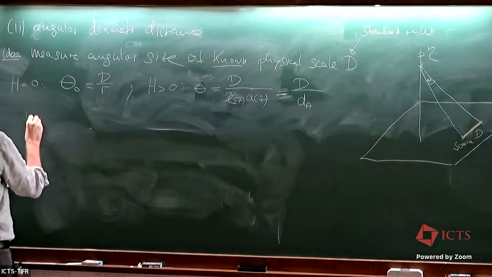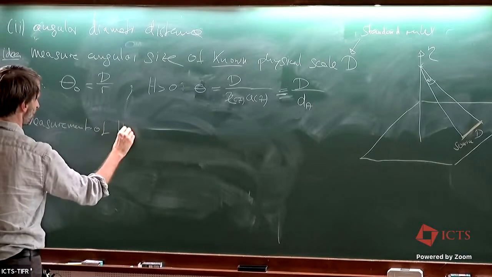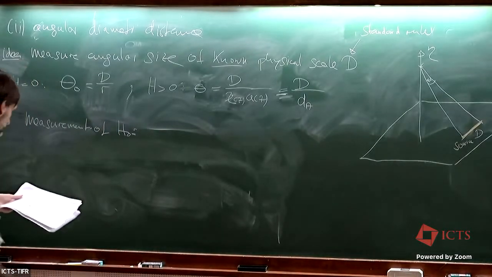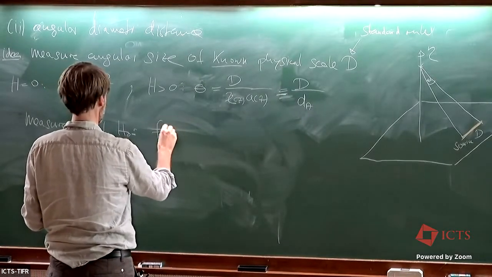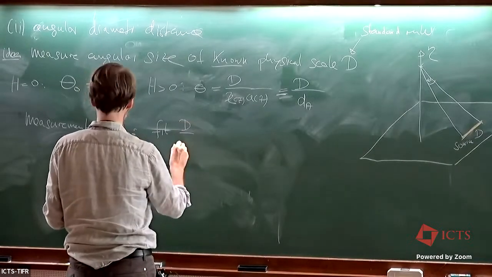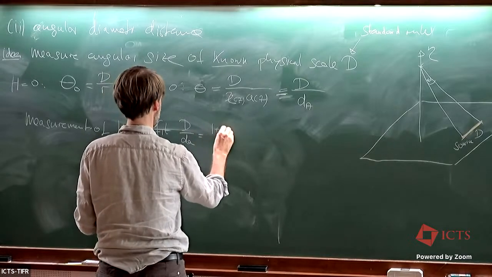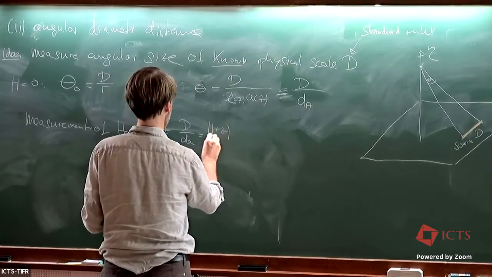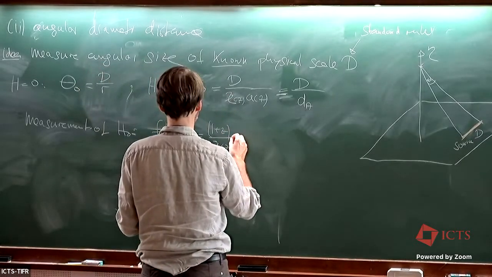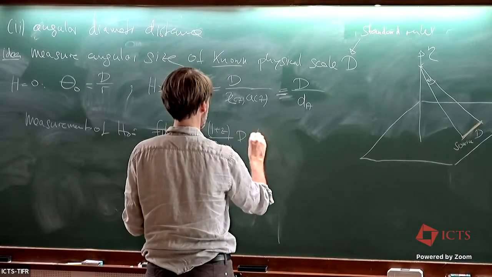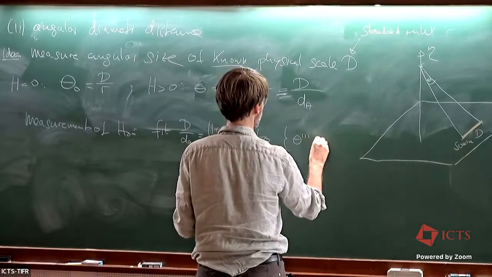And then the idea is that a measurement of H0, there the idea is to fit d by dA, which is (1 plus z) over chi of z, so just using this formula, times d, to the observed angles, which we have at different redshifts.